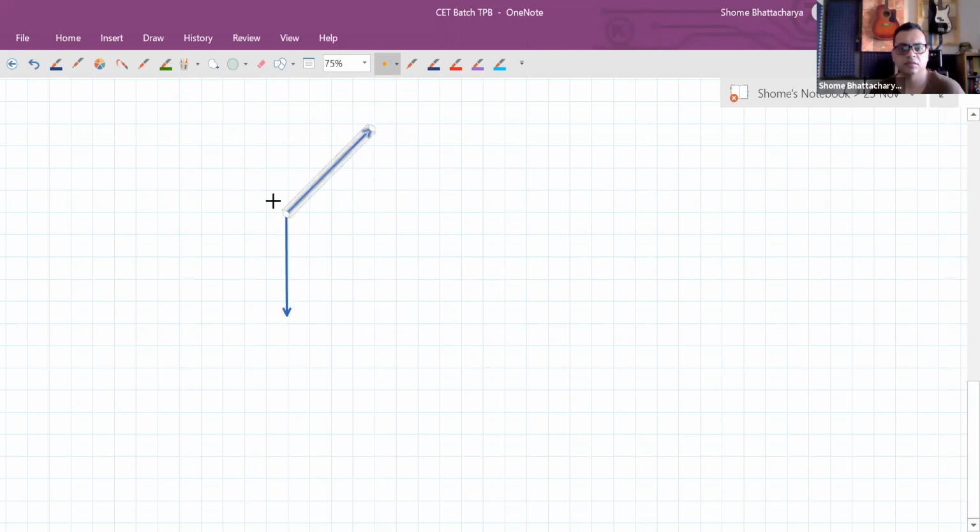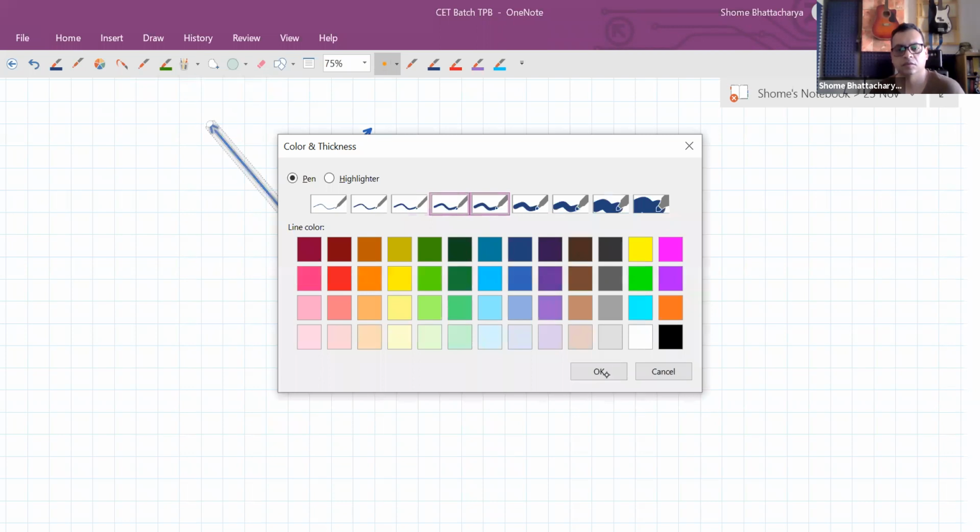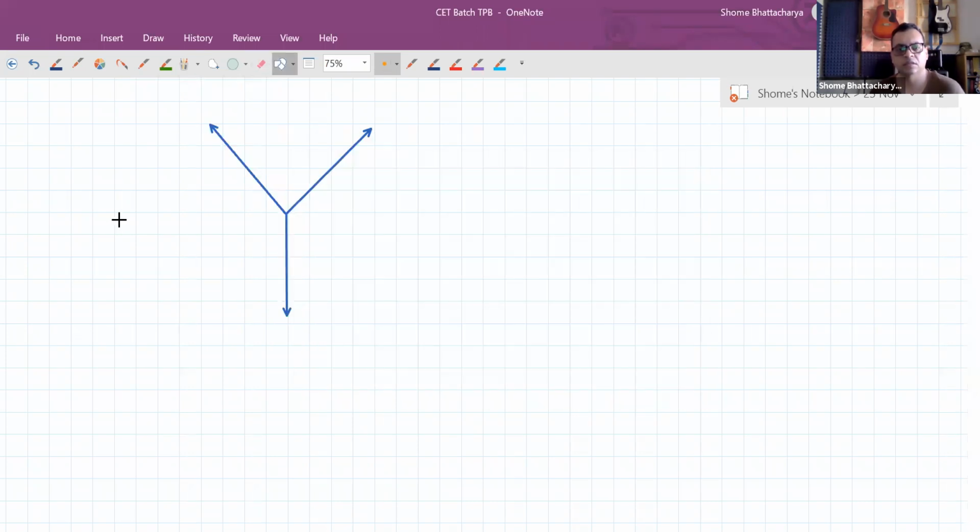The three forces that are acting are like this. So you can take your x and y axis like this.